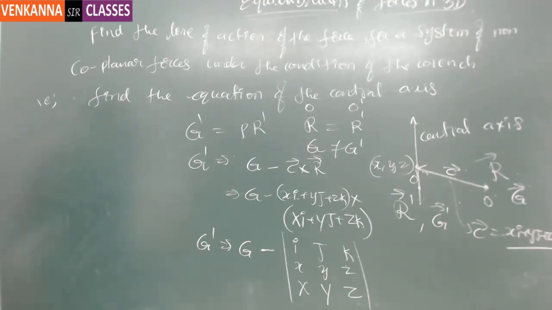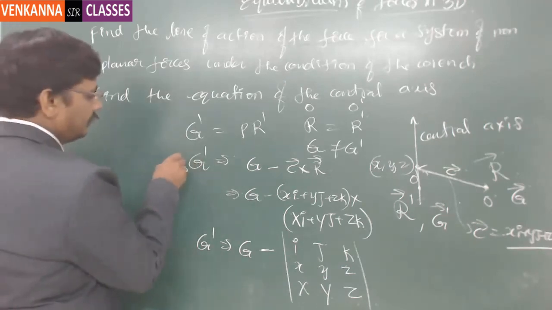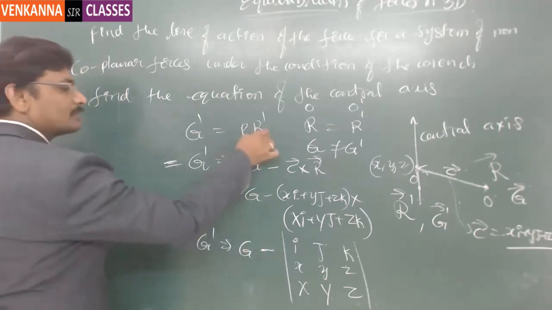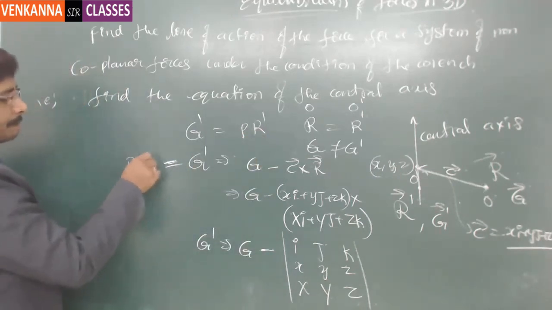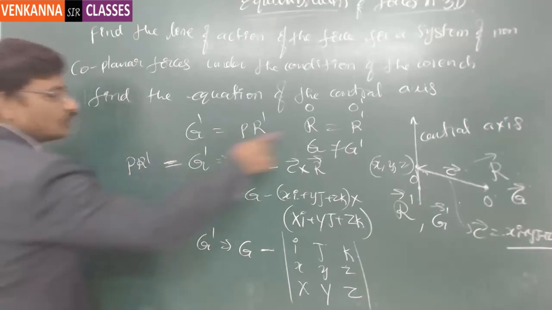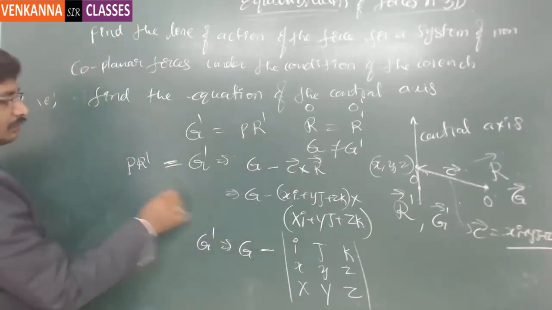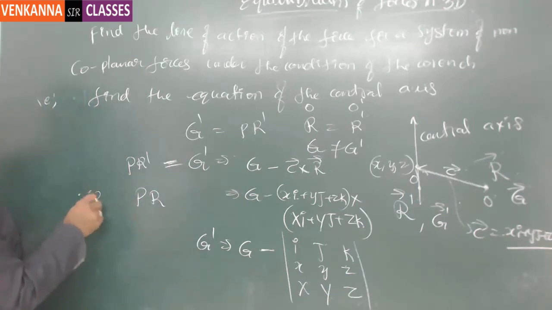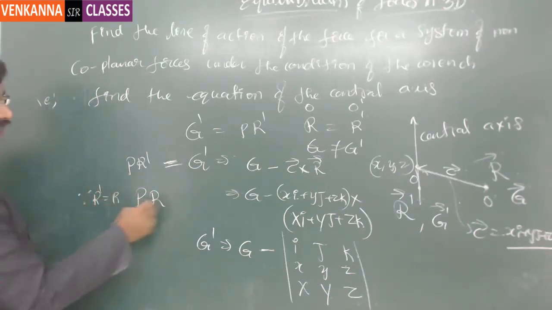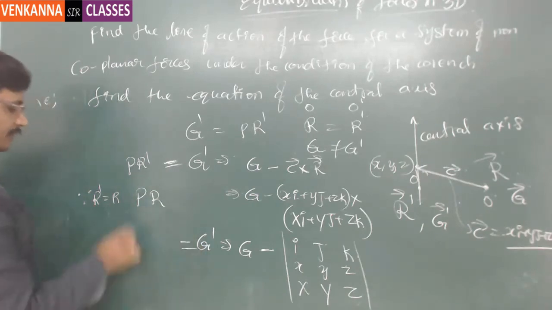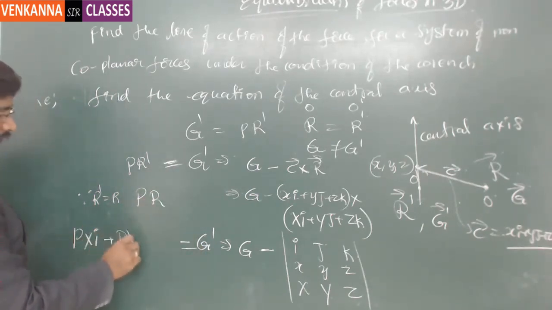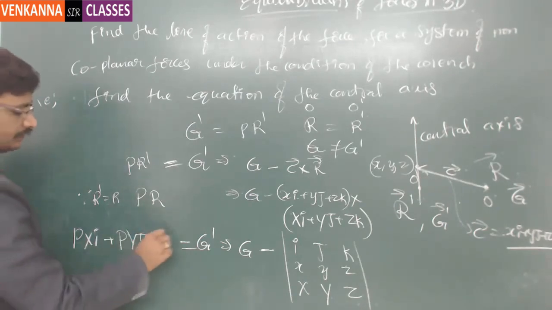Done? Okay. So now from here you can note down one more point. G dash is known to be equal to P times R dash, and R dash is equal to R. So this can be equated as P times R, since R dash is equal to R. Now this G dash can be expressed as P times xi plus P times yj plus P times zk.